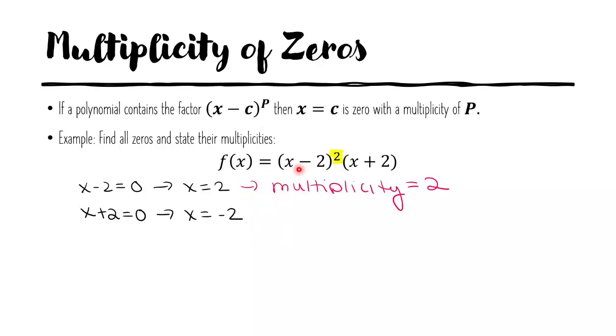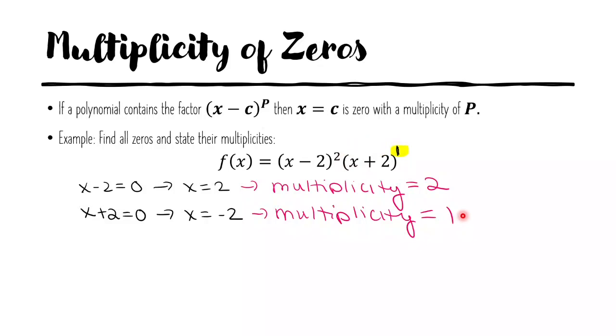Now the 0 of x equal 2 came from this factor x minus 2 squared. Because the factor is squared, that 0 has a multiplicity of 2. The x equal negative 2 came from the factor x plus 2. Now there was no exponent written there, but if you see a factor written just once, it's like there's an imaginary exponent of 1. The multiplicity of that 0 is 1.